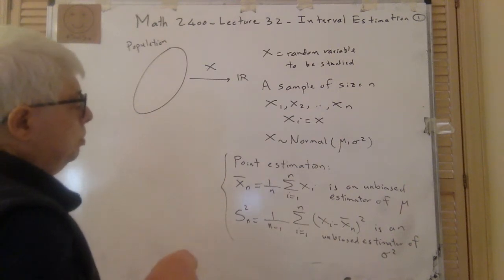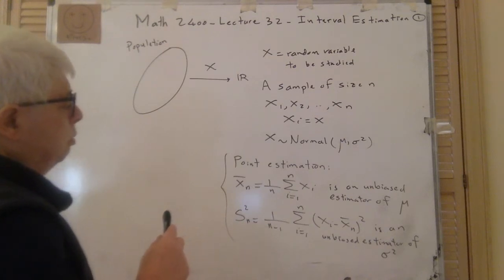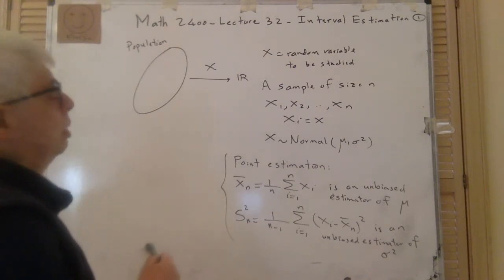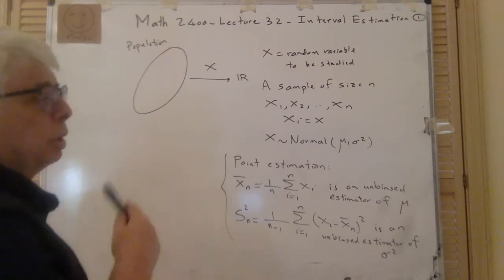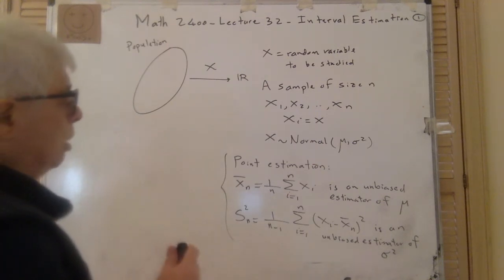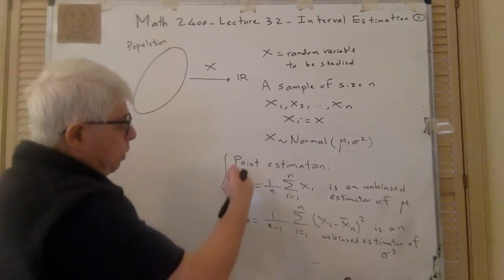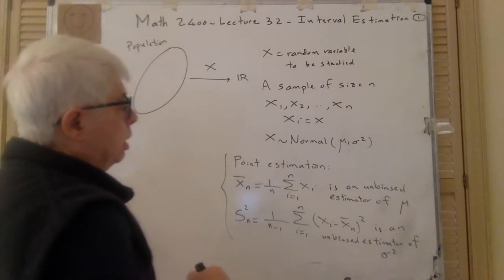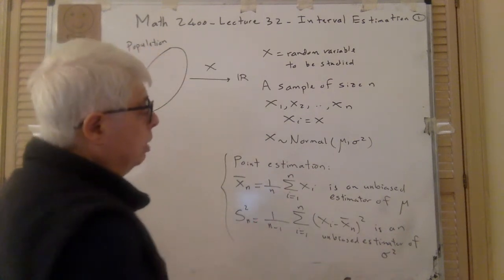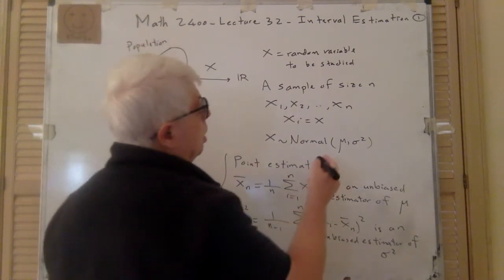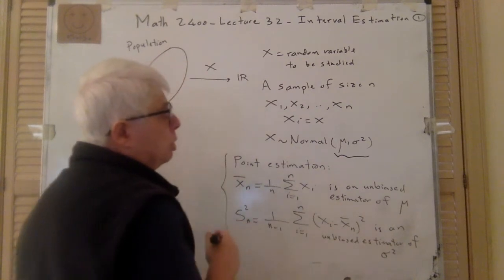Now, in interval estimation, we go back to these two, and we try to do something else. So we try to find an interval. In fact, we want to estimate mu and sigma squared.